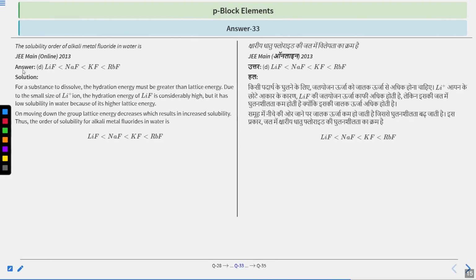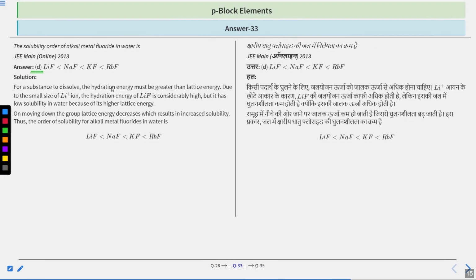Let's see. The correct answer is option D. The most soluble is rubidium fluoride, then potassium fluoride, then sodium fluoride, and then lithium fluoride is the least soluble. For a substance to dissolve, the hydration energy must be greater than the lattice energy.